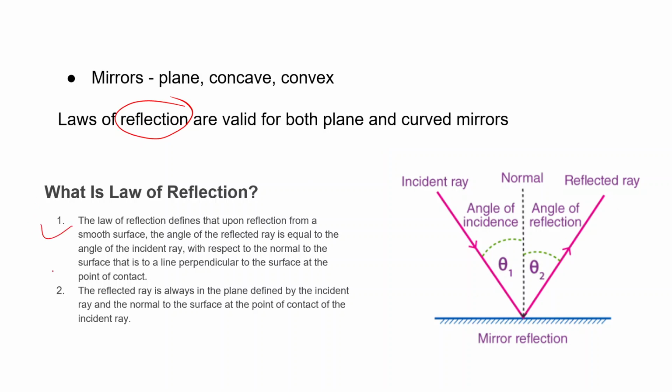There are certain laws that the light follows, and only then we call it reflection: the angle of incidence is equal to the angle of reflection, and the incident light, reflected light, and normal are all in the same plane and meet at a common point. These are the things we talk about when we talk about the laws of reflection.